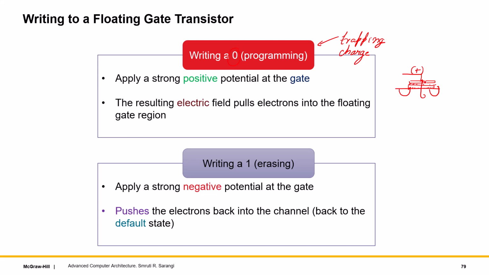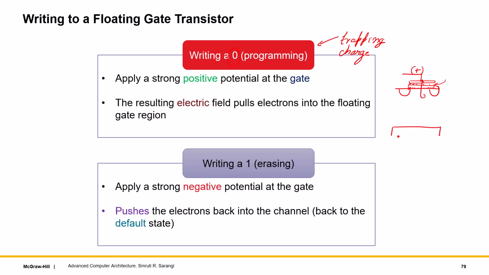So this gate, as you can see, is connected to a positive voltage source, so electrons will escape. But all the electrons, let's say in the floating gate here, will get trapped. So they will remain there. Because they remain there, the cell will remain programmed. So even if I remove the power source, the electrons will still remain in the floating gate.